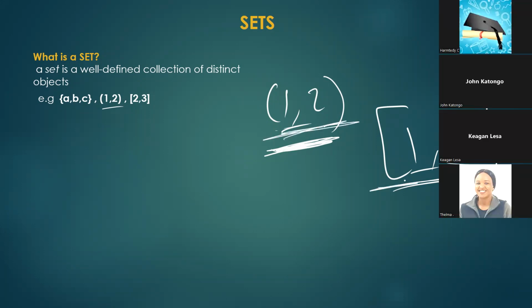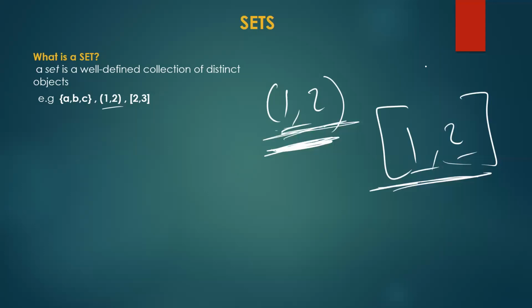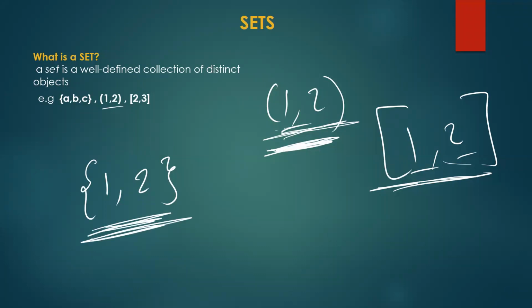Even this one is an infinite set. But when we say 1, 2, this is a finite set because we can count the elements that are here, but we can't count the elements that are between 1 and 3 if we write it in this way.